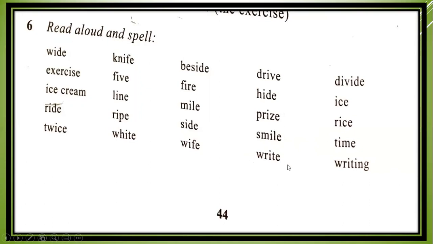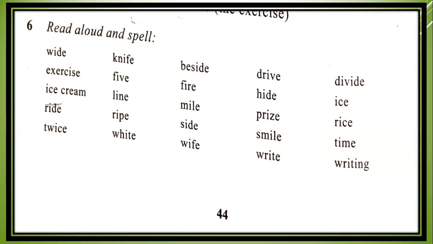Did you notice what's the common letter in all these words? It's I. Look, all the words have I in their spelling. So memorize it well and be ready for your dictation.